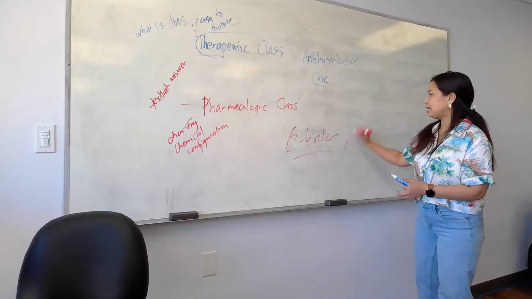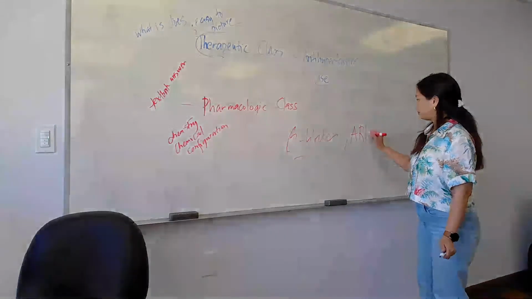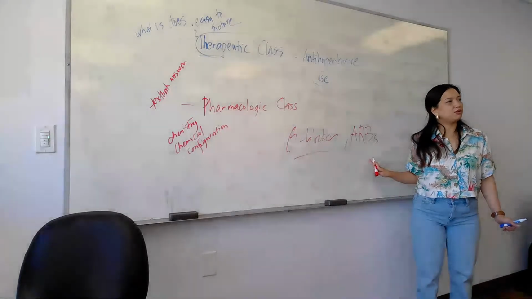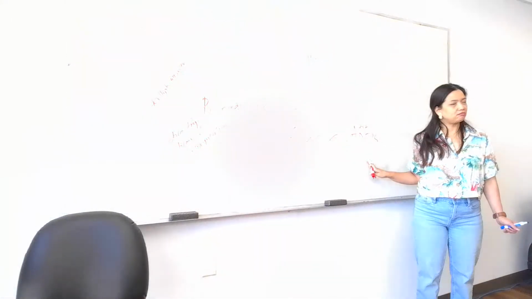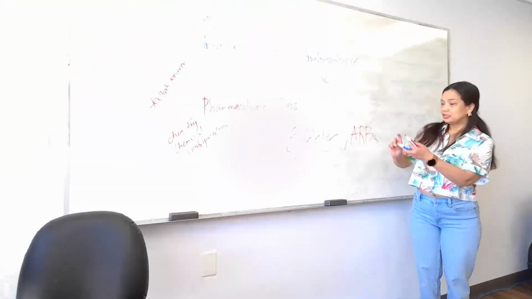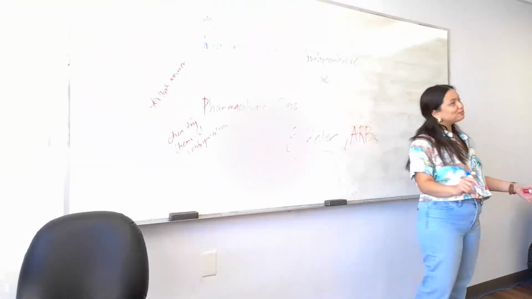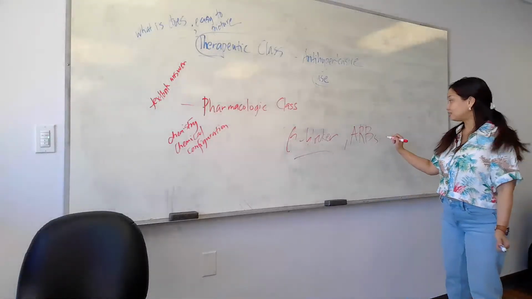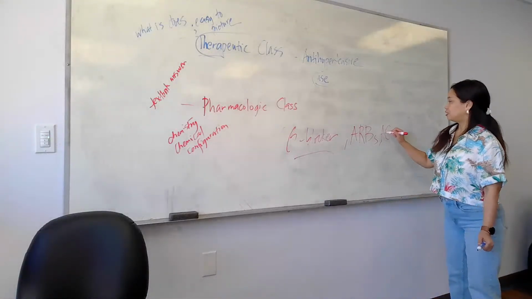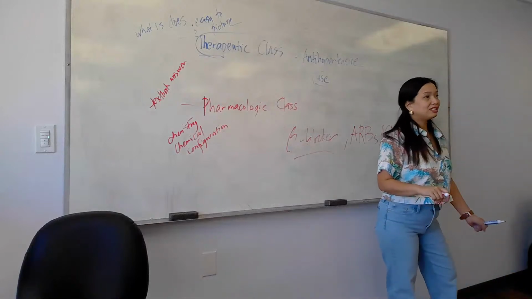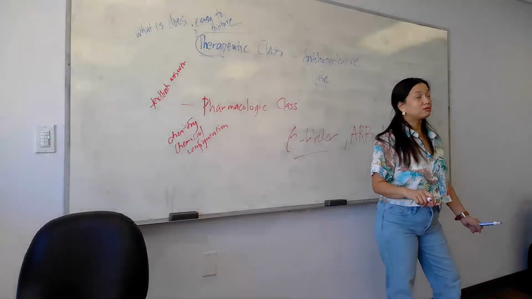Another one. Let's add to that, ARBs. Angiotensin receptor blocker. Can you picture that? Pharmacological class. Can you picture antihypertensive as well? Yes, therapeutic class. Let's add to that, ACE inhibitors. Angiotensin converting enzyme inhibitors.